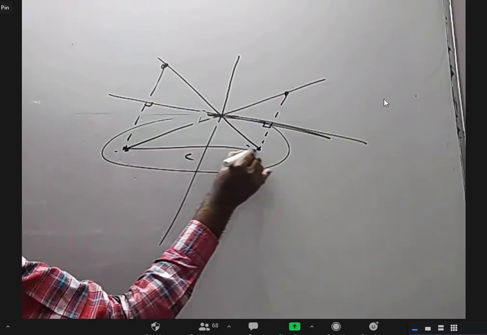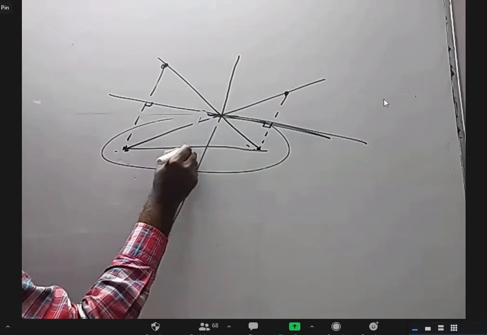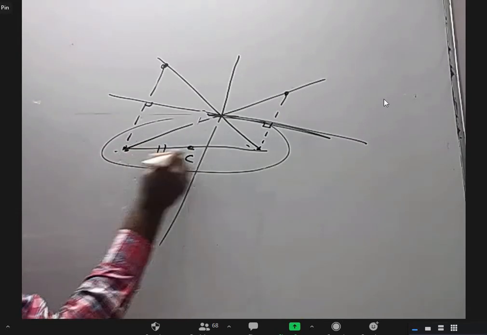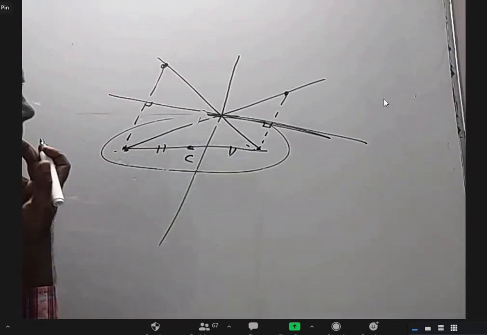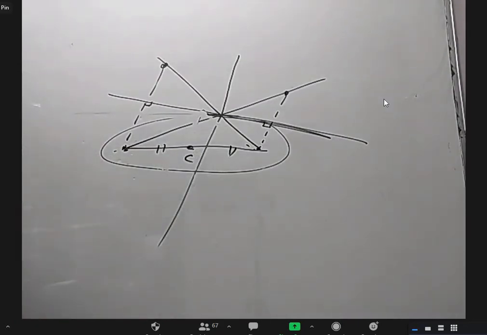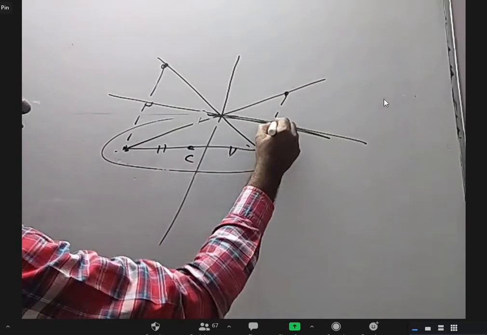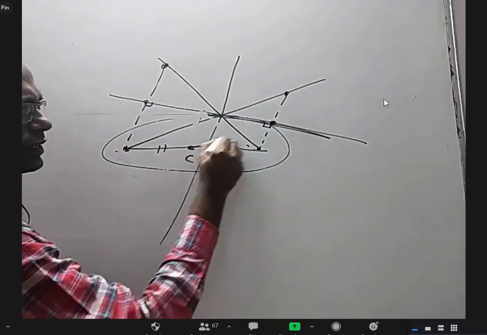I'll join this side, and this is the center, the midpoint. That is, these two lengths are equal. I have to find the locus of this point, right? I have to prove this length is a.